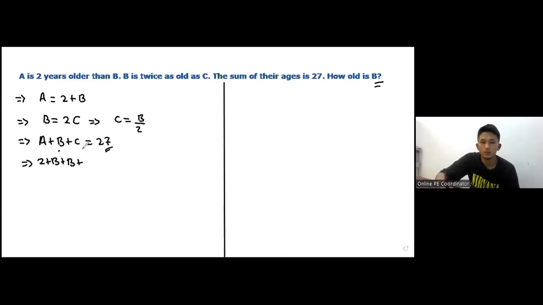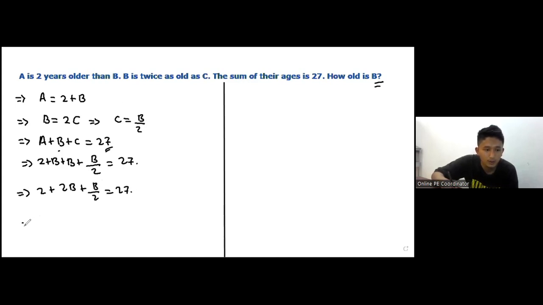So put this value here and we will get B by 2 equals 27. Now we can directly find the value of B from here. So 2 plus B plus B plus B by 2 is equal to 27.